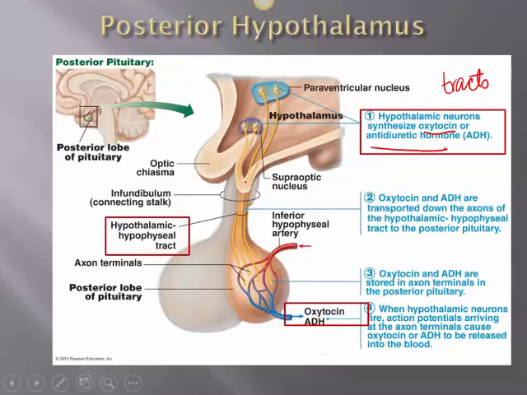So this tract, which you can see coming from the hypothalamus to the pituitary, which is axons from these 2 nuclei, is known as the hypothalamo-hypophyseal tract. Hypothalamo is because it is from the hypothalamus. Hypophyseal is because the pituitary gland is also known as the hypophysis, hypophysis cerebri.